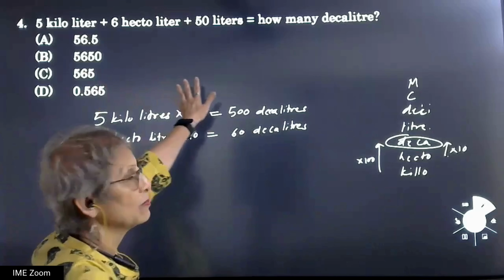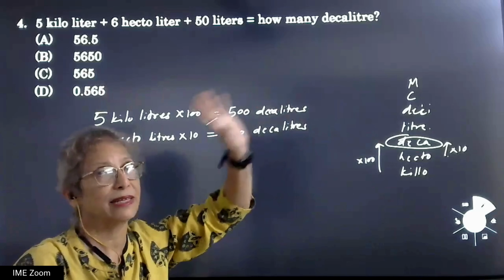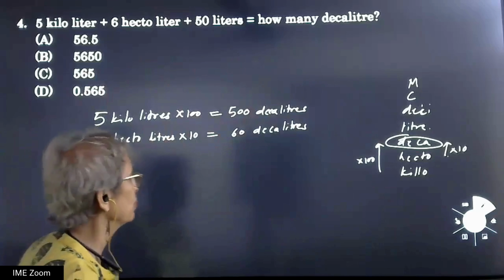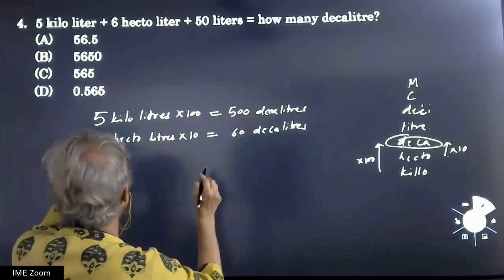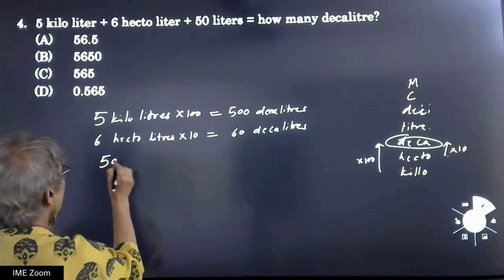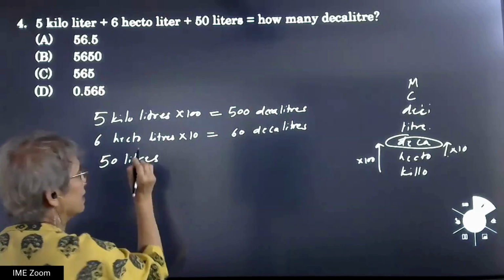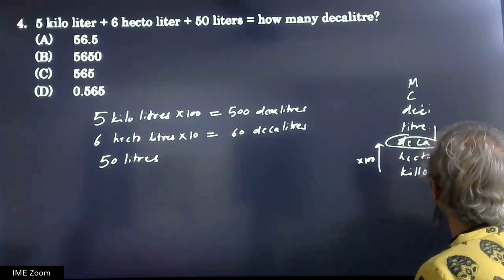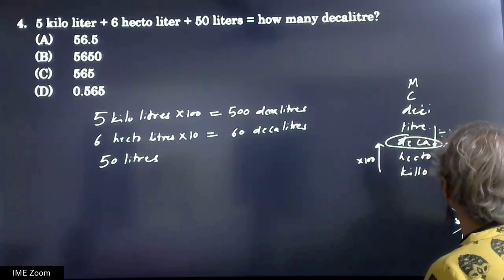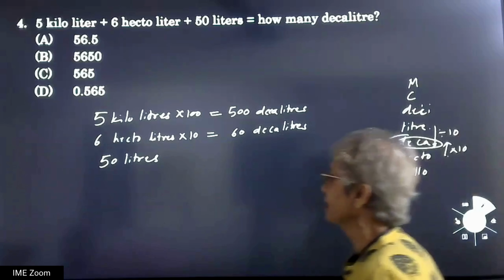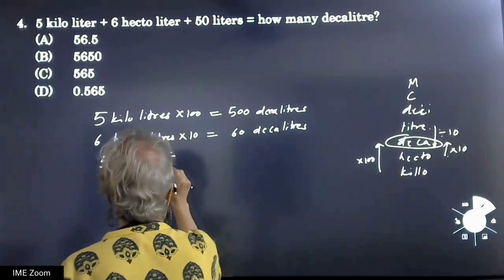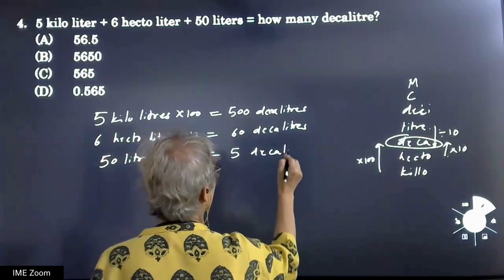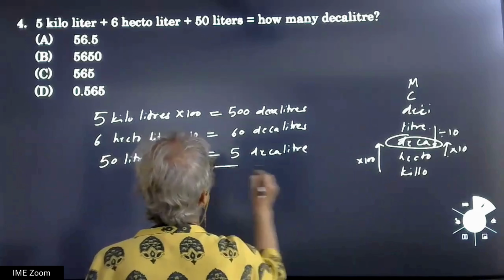Whatever units are given and whatever units are required, that is important. Given to required. So that conversion we have to do. This is over. And the last, it is 50 liters. Now look here, liters. We are going down now. Smaller to larger. So divide by 10. And the answer is 5 decaliters. And now add them together.